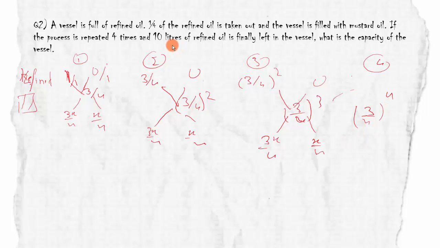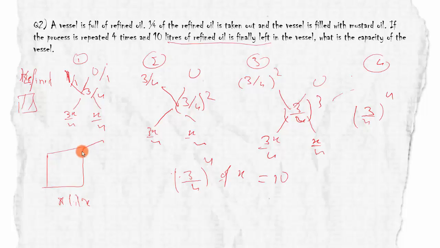Now the question said that 10 liters of refined oil is finally left. So we know that 3 by 4 to the power 4 of x liters of refined oil is equal to 10, right? Because all these vessels are basically x liters.